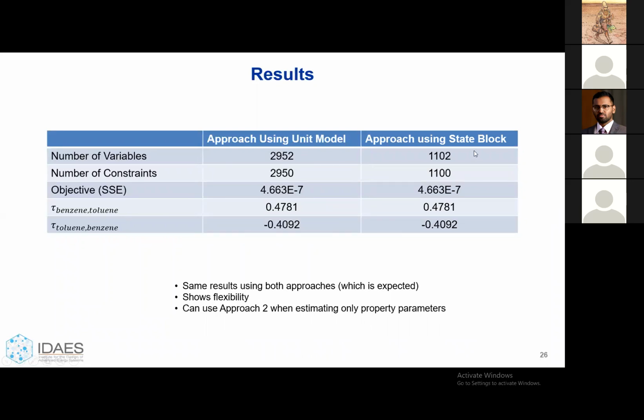And when you're using a state block approach, the only difference is that you're solving a much smaller problem because you don't have a lot of the unit model level equations or variables. All you have is your property package equations and variables along with your parameters that you're trying to estimate.